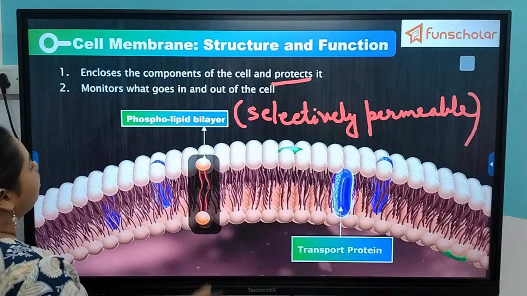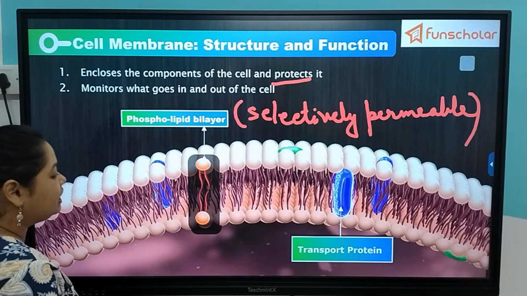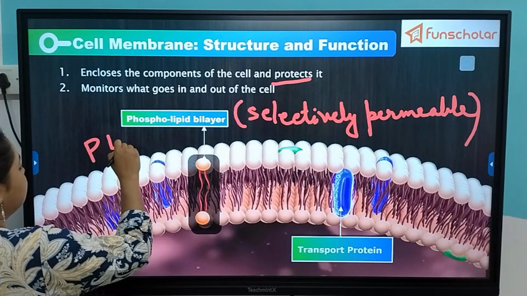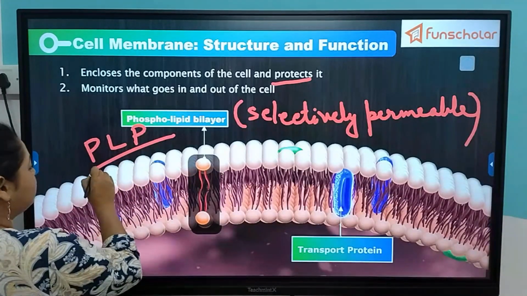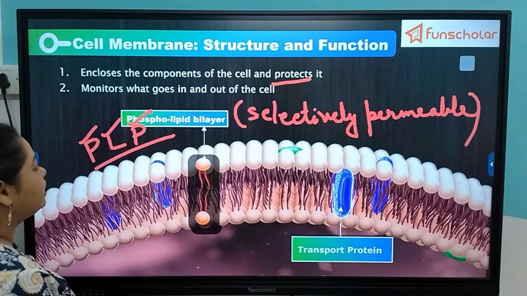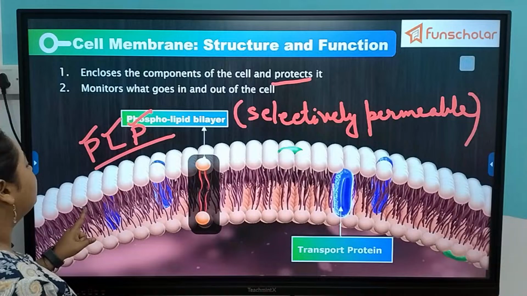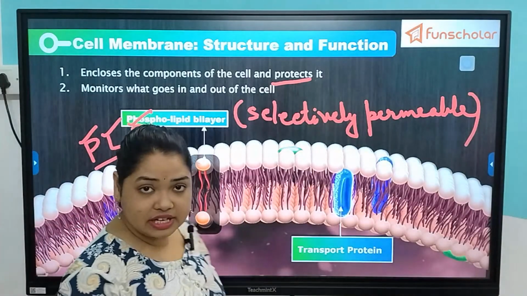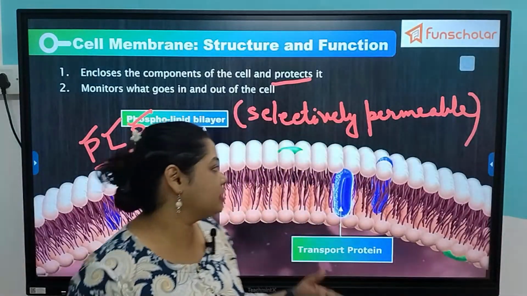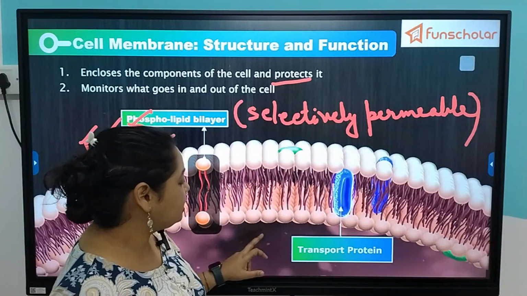This layer of the cell membrane is mainly made up of proteins and lipids. It is known as the PLP structure, that means the protein-lipid-protein structure, in which the proteins are hydrophilic in nature, that means they can react with water, so they are present on either side of the cell membrane.